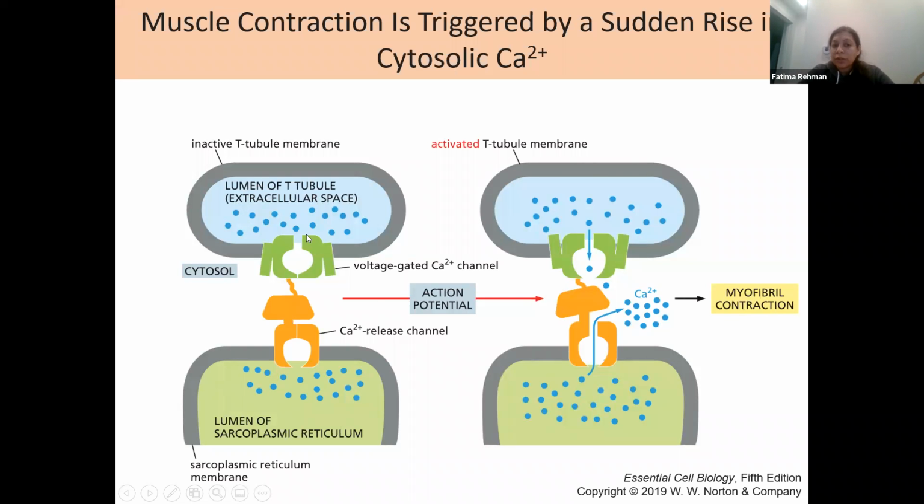So a muscle contraction happens due to a sudden rise in cytosolic calcium concentration. It's usually because some voltage gated channel was activated in response to an action potential, leading to an influx of calcium into the cytosolic space, causing the myofibril contraction. That's what triggers the system to work.